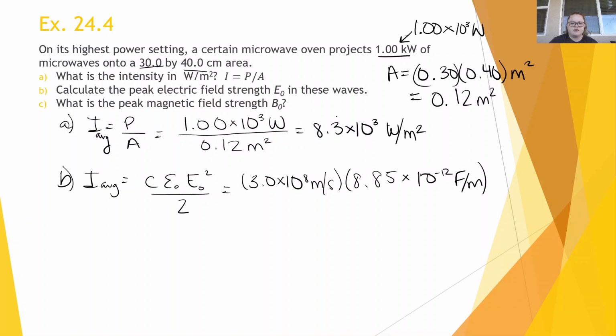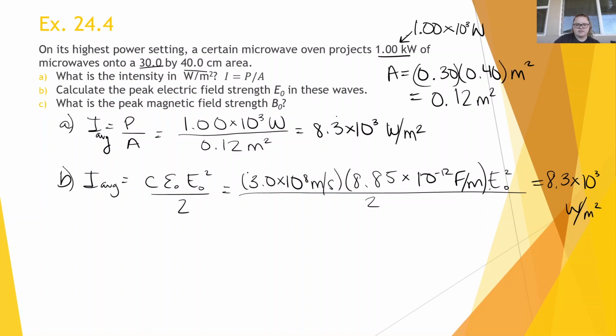And then, oh, I was so distracted by what I didn't have. Forgot that we were solving for that guy. Divided by 2. And this is equal to that value there, 8.3 times 10 to the third watt per meter squared.